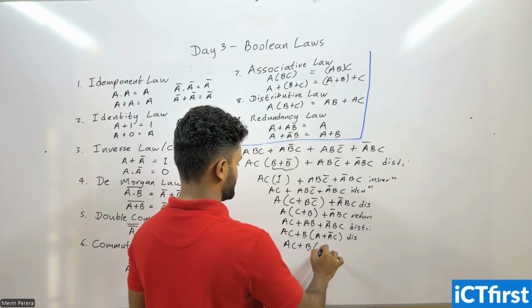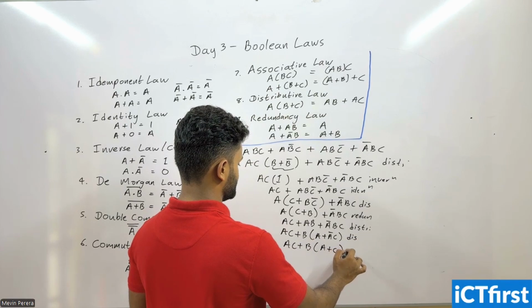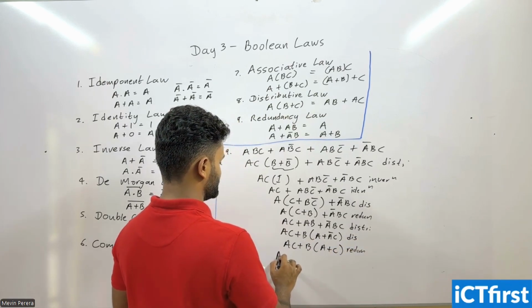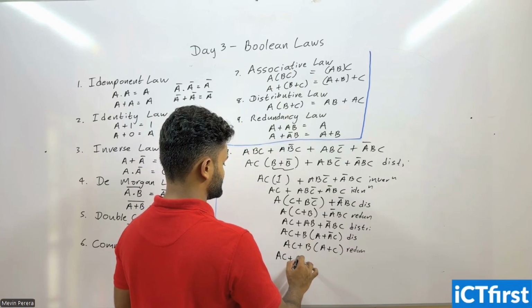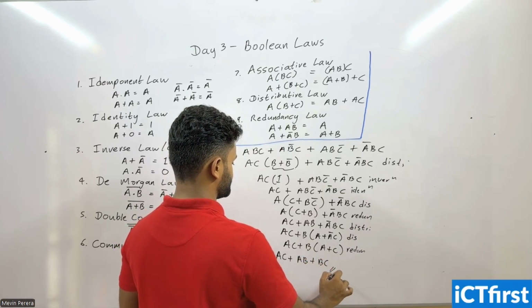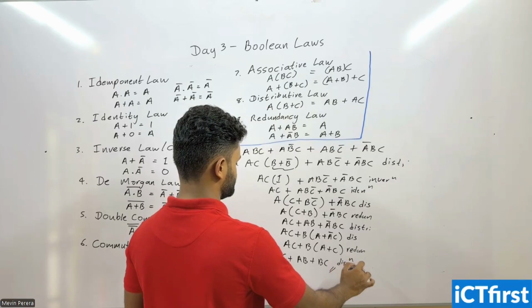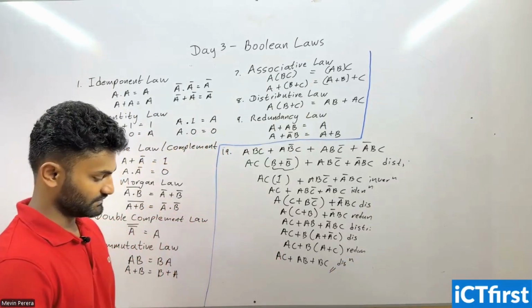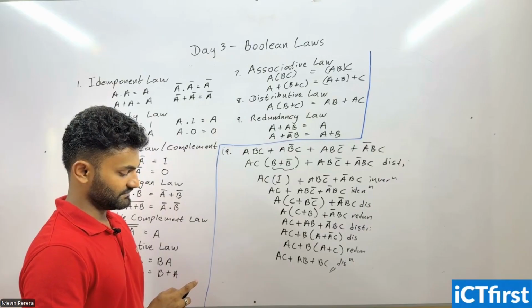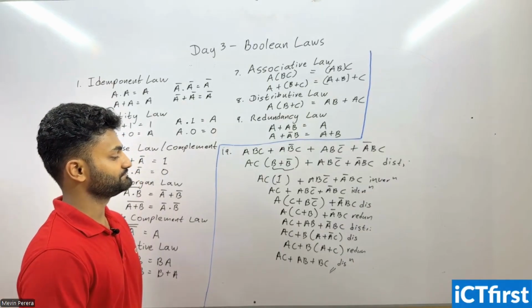A plus C, redundancy law. Then the final answer is AC plus AB plus BC, distributive law. All right, so that is the final answer.